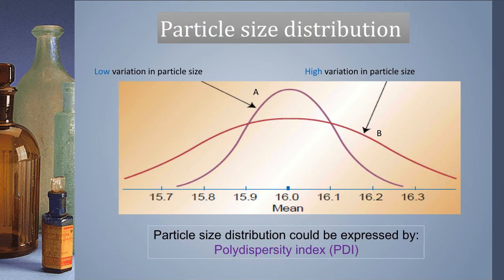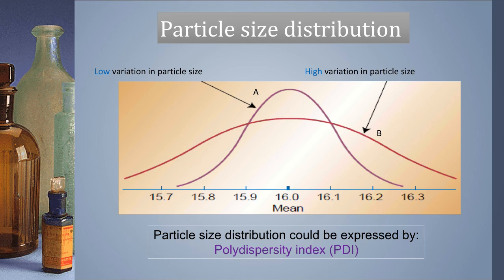The last title in this chapter is about particle size distribution, and we have to differentiate between particle size and particle size distribution. Whatever we finished until now in this chapter is about measurement of particle size. Particle size may be 100 nanometer, but the particles may range from 1 nanometer to 1,000 or 10,000 nanometer.